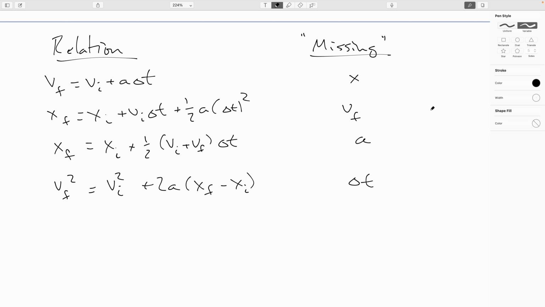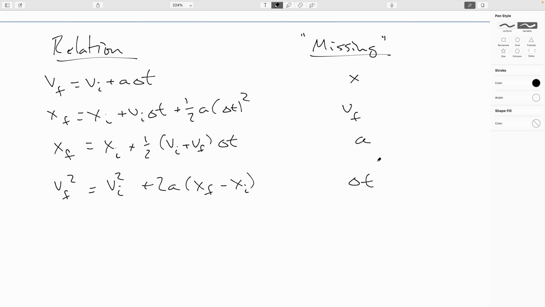But I view that as being at the cost of being able to directly handle situations where the time is missing. And so my attitude is, if you can identify what is neither asked for nor given in a problem, you can use that to immediately pick the correct relation for your situation.